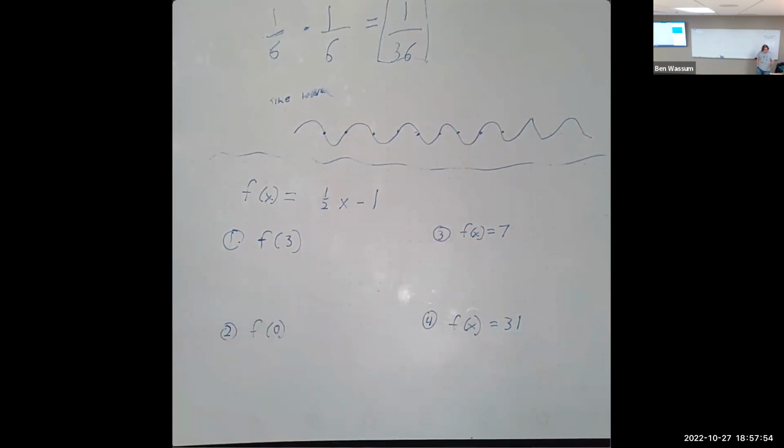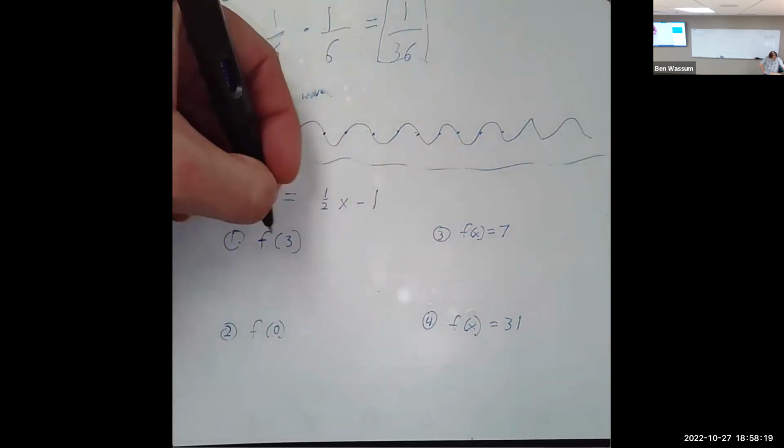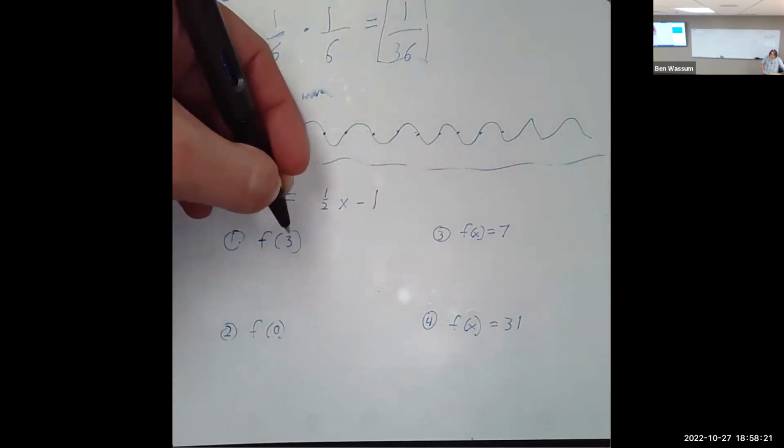I am tutoring somebody on the side who is in Math 126, which is pre-calculus, and they are confused as hell by this concept. Most people are. When you first do this stuff, it throws you off, right? So always look at this and say, okay, f of 3, it's asking for f of 3.